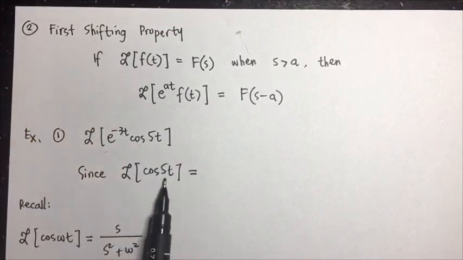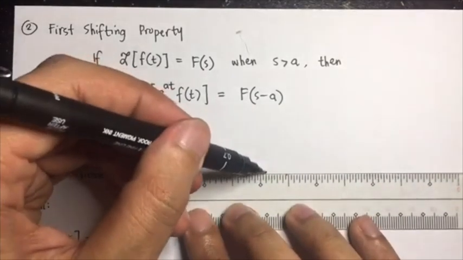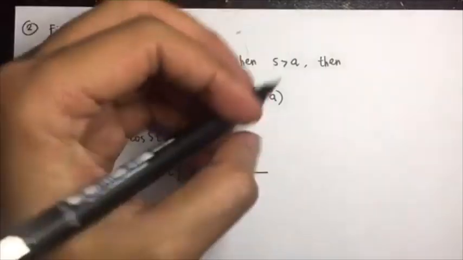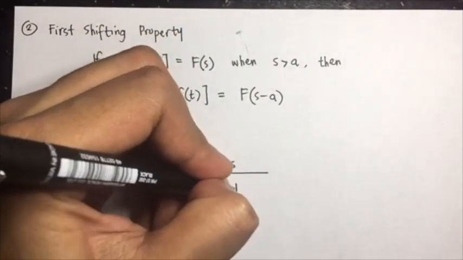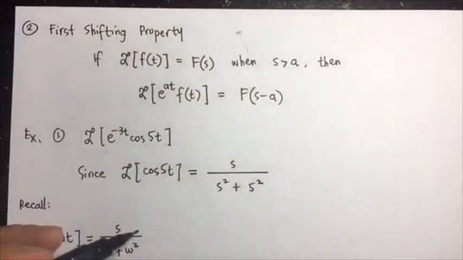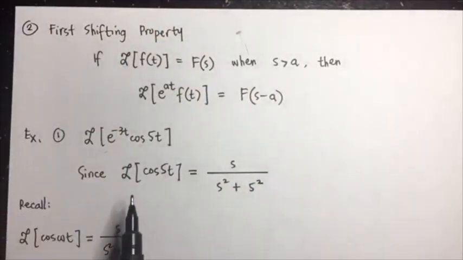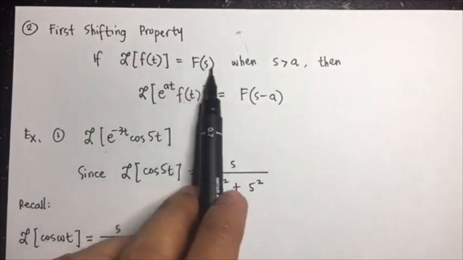Our omega here is 5. So therefore, our Laplace transform is s over s squared plus 5 squared. Since that is the Laplace transform of cosine of 5t, that is our F of s.